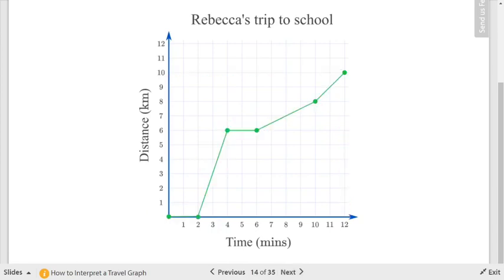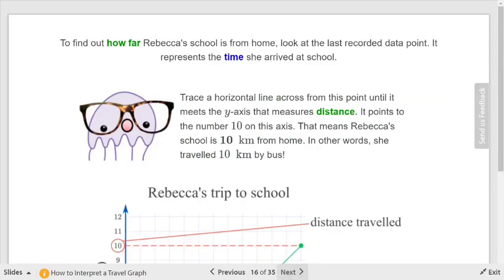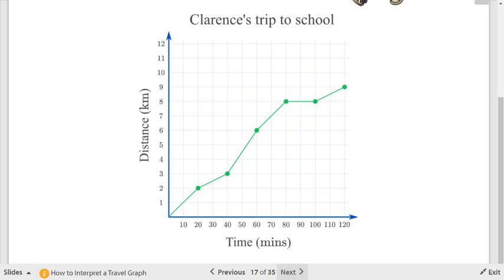Good deal. All right. So again, they're just asking the same questions about this trip to school that I just did. The distance traveled. How far did he travel to school? 9 kilometers, exactly. And how long did it take him to go those 9 kilometers? 120 minutes, 2 hours.